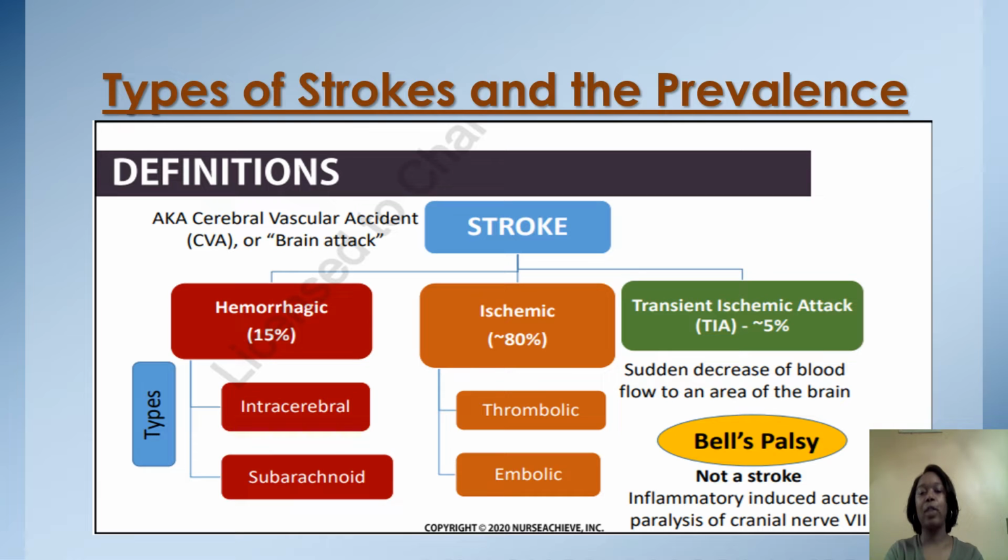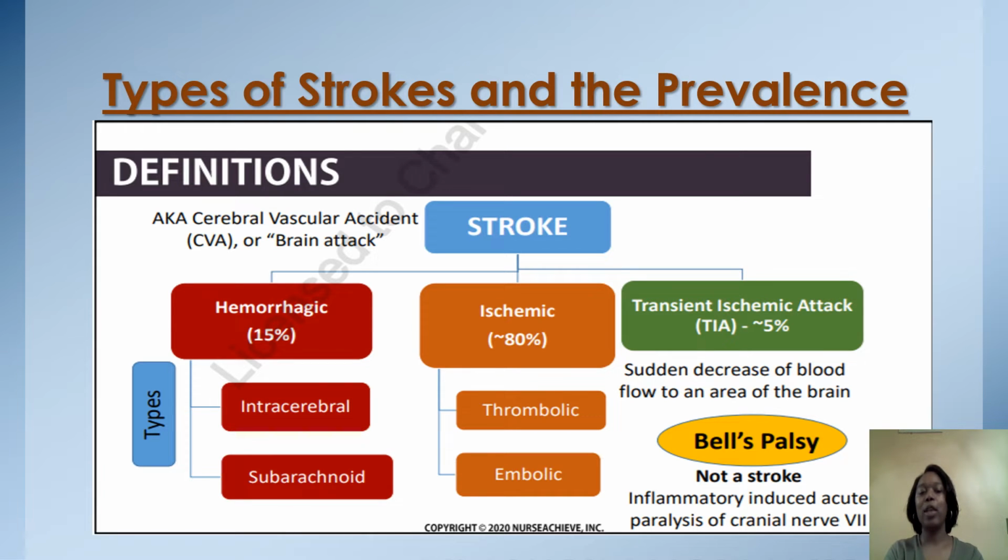The second type of ischemic stroke is embolic. An embolus is a clot that travels from another part of the body to the cerebral arteries, causing an occlusion or blockage of blood flow.